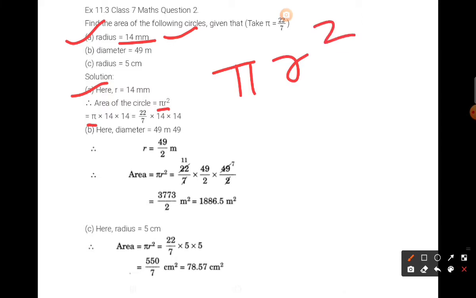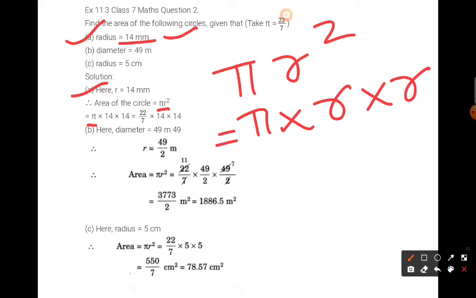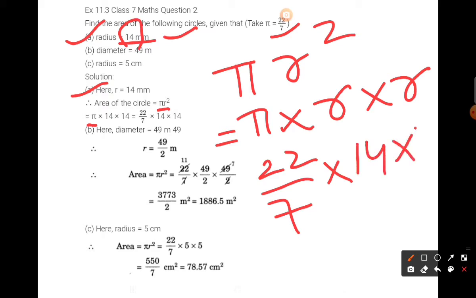Pi r square means pi multiply by r multiply by r, 2 times. So pi is given, 22/7 multiply by r. Radius is already given in the question, 14. So 14 you have to take 2 times because it is r square. So 7 1s and 7 2s. Cancellation is possible. Okay, so we will do it.